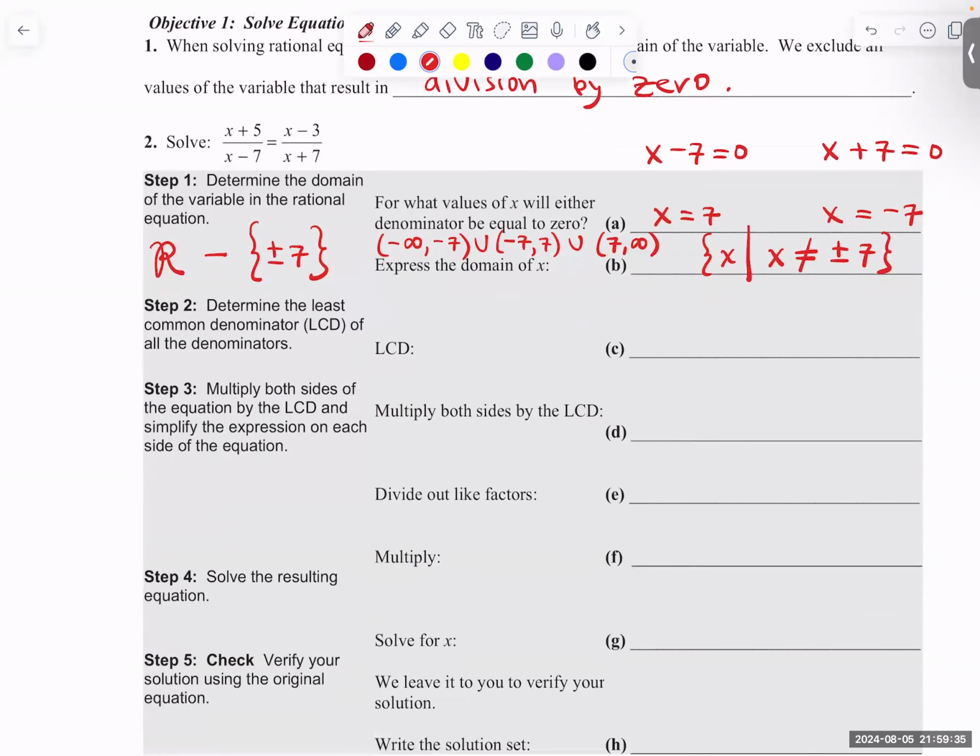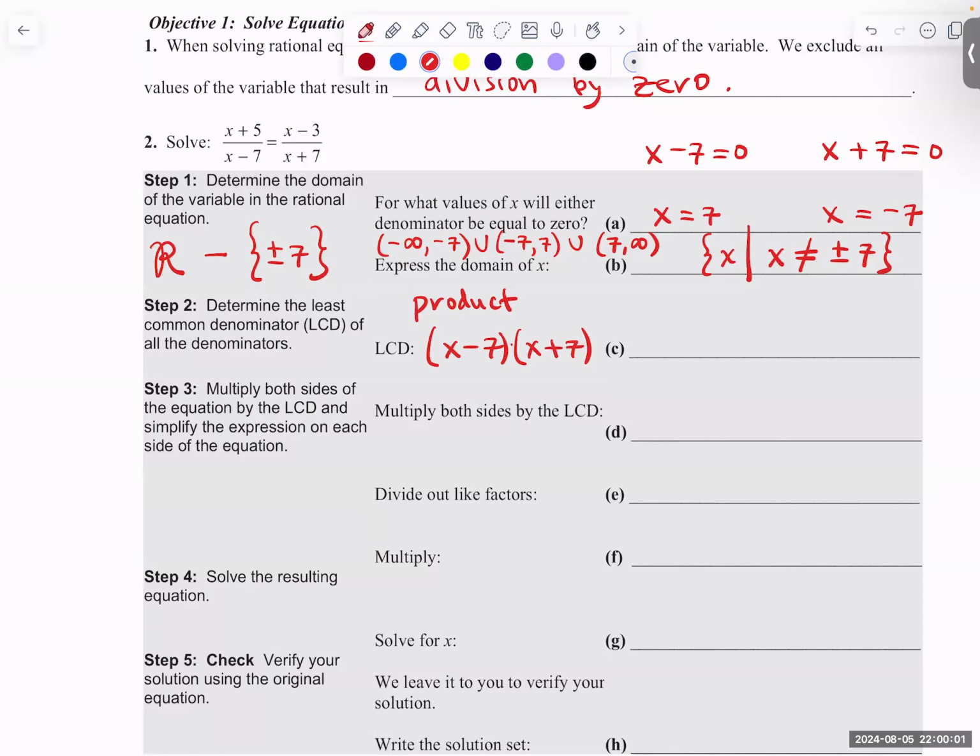Step two, determine the least common denominator of all denominators, which is the product of the denominators, which are prime, which means x minus 7 cannot be factored, times the prime polynomial x plus 7, product of prime factors of the denominators. So that is the LCD.